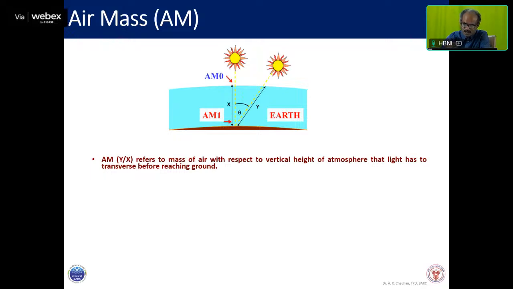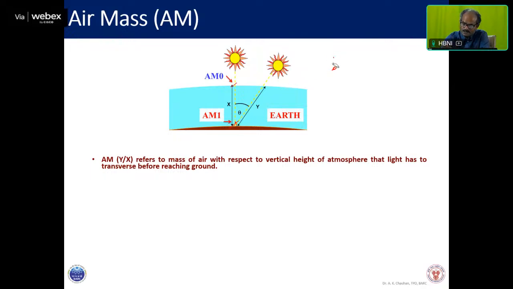So you can say it is a ratio of two distances. Suppose the sun is somewhere here. The radiation will come in this way, so it will travel this much distance in the atmosphere. This distance divided by the minimum distance, when the sun is at the zenith, is called the air mass.